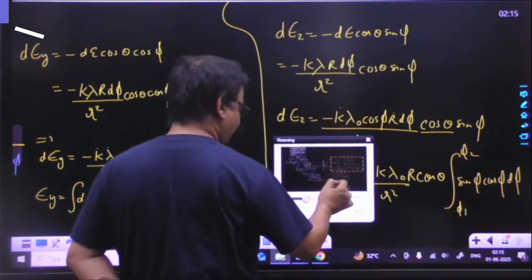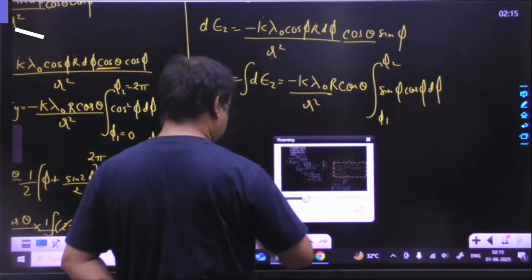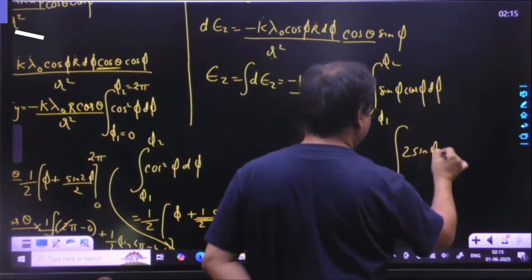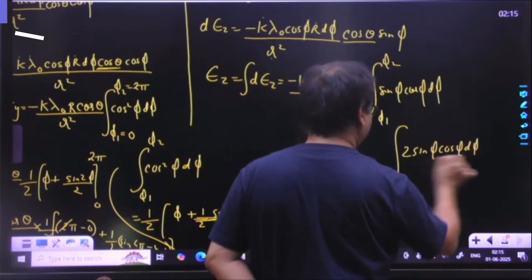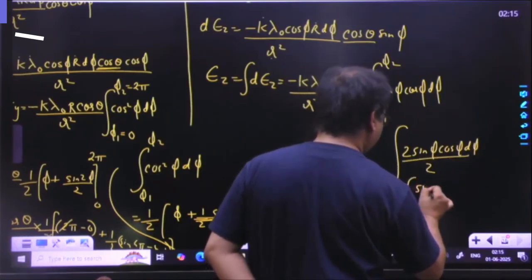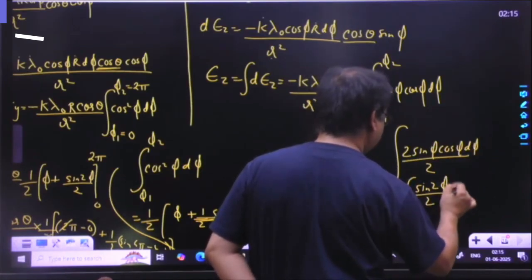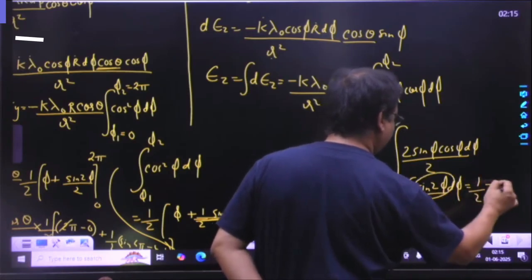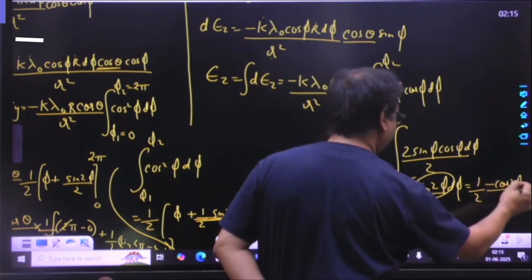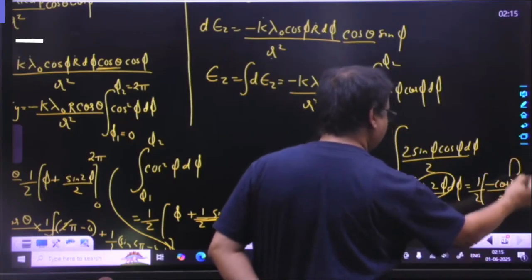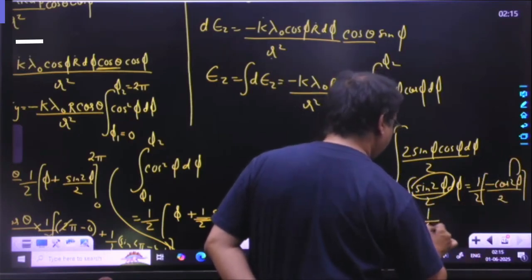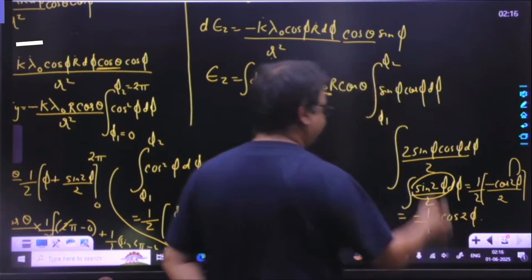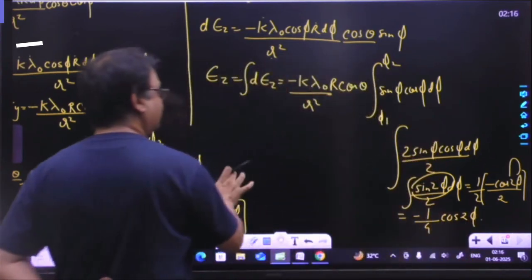Now this integral also I did in, I guess, part A. You can multiply and divide by 2, so you'll get sin 2 phi by 2. So this will come to be 1 by 2, and the integral of sine is minus cos 2 phi. Now further divide by the coefficient of phi, that is 2. So I'll get minus 1 by 4 cos 2 phi. This is the integral of this thing, correct?